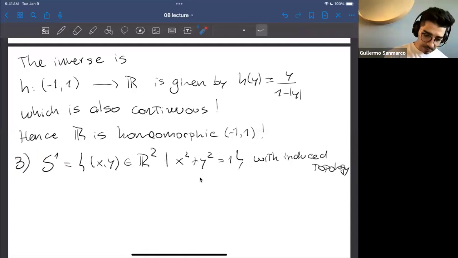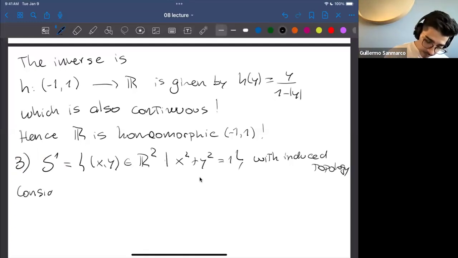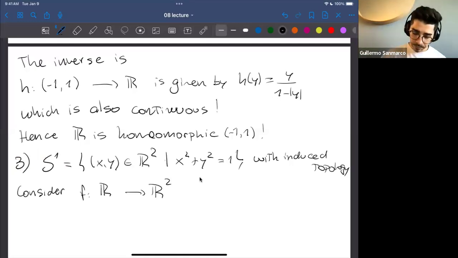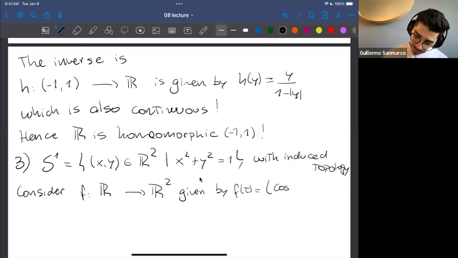So the idea here is, we have the function f going from all the reals to R2, given by f of t is going to be cosine of 2 pi t, sine of 2 pi t.